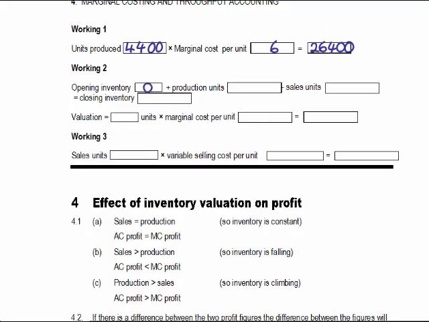So we've got no opening inventory. We made 4,400, but we need to take off what we sold, which is 4,200, and that gives us 200 units of closing inventory. Now, those 200 units we're going to value at the marginal cost per unit of $6, which we've just calculated, and that is $1,200.